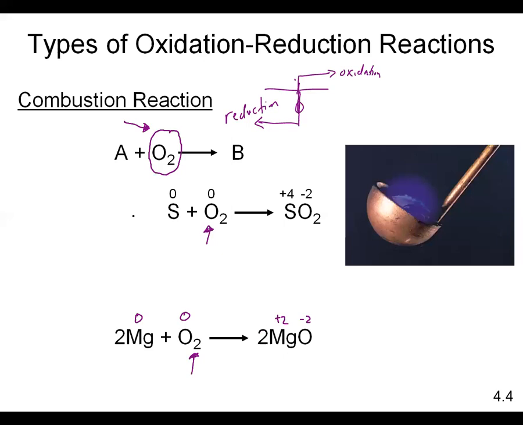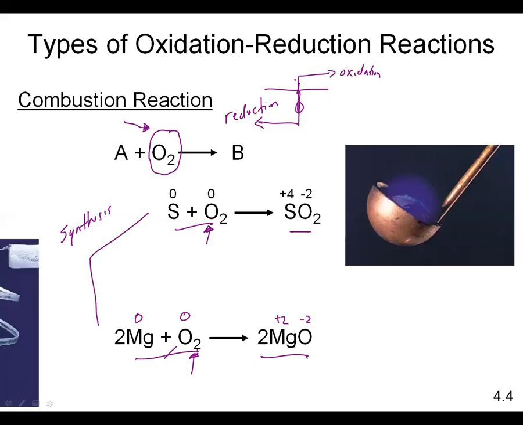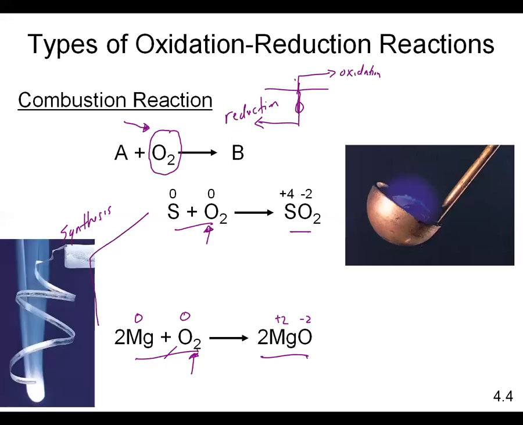And in addition, both of these reactions are technically a synthesis reaction as well. Two things make one, two things make one. So these couple of reactions here, you can actually classify in like three different ways: combustion, synthesis, or even a redox reaction.